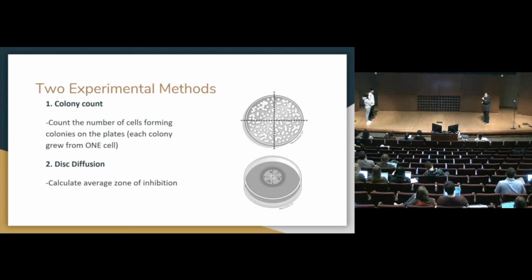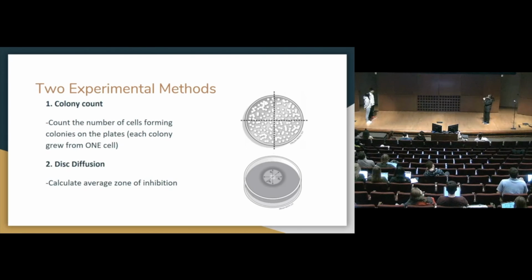So I'm going to wrap up with a refresher about what we did during labs. We used either the colony count method or the disk diffusion method to do our project, which compared different traits and variables about antibiotic resistance of bacteria.